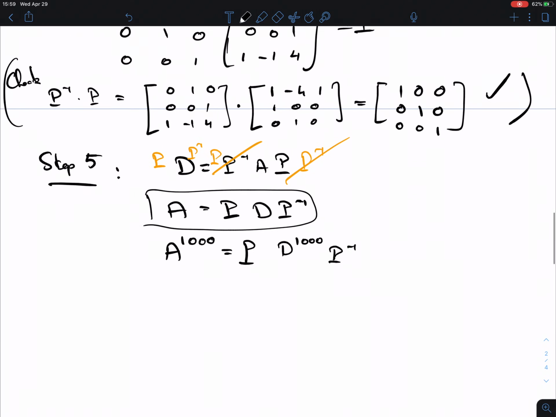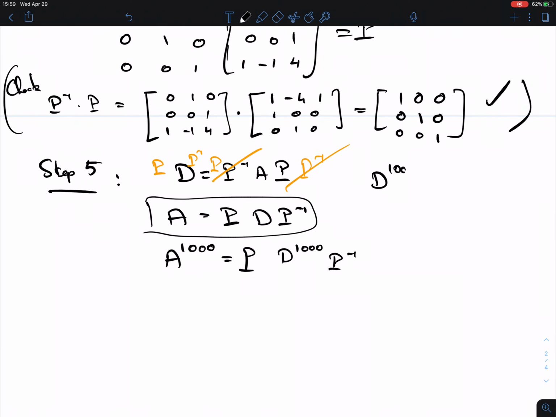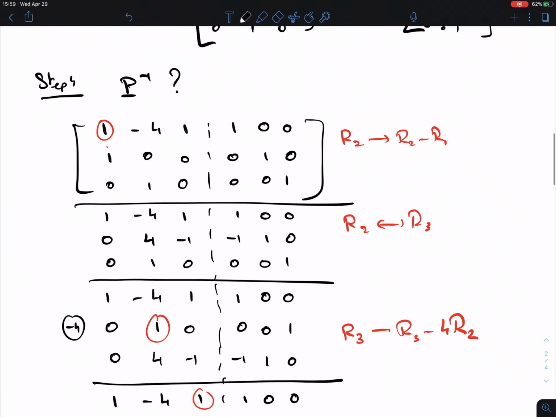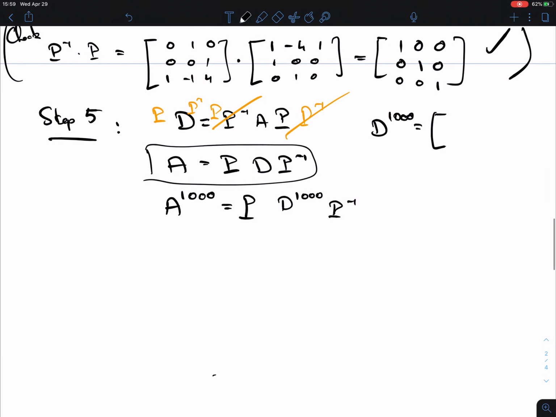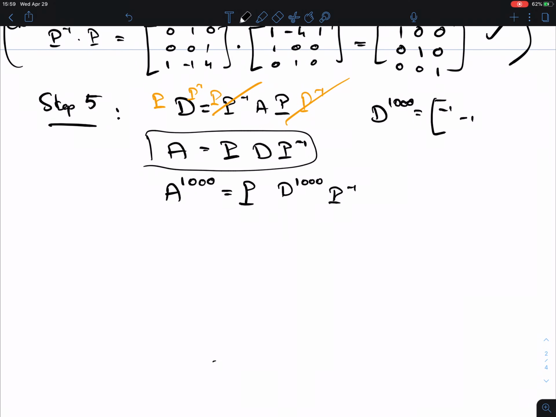Now what is D to the power 1000? Now D was diagonal, the diagonal elements were minus 1 and 1, right? So D to the 1000, I take the 1000 power of that, but that's kind of ridiculously simple, right? It is because these are even powers, so this is just the identity matrix.